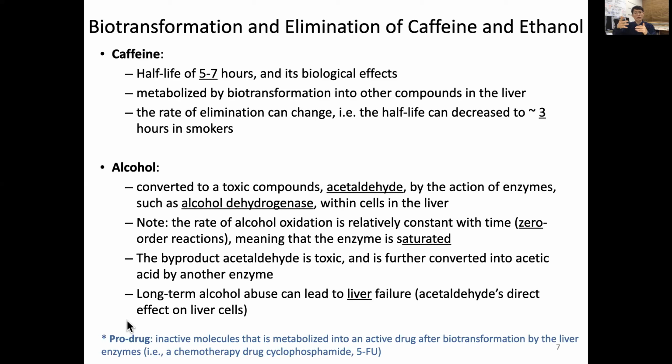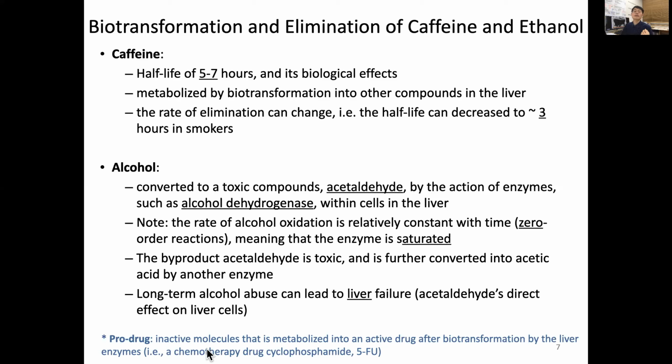It affects proliferating cells as a toxin so that the cells can die. But when you ingest or administer the drug, you don't want it to be already toxic to, let's say, your gut. So there's an interesting concept of prodrug, which means we give inactive molecules that will be metabolized into an active drug after passing through the liver, by biotransformation by liver enzymes.